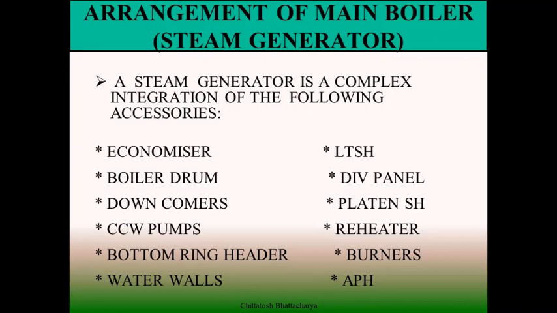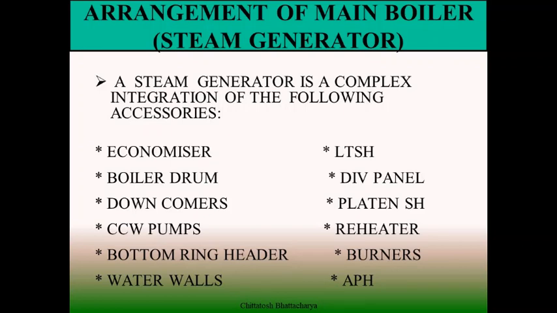So within the main boiler we find the following arrangements of pressure parts and other components. These are economizer, boiler drum, downcomers, circulating pumps. There is a ring header at the bottom of the boiler which distributes water uniformly to all the water wall tubes.